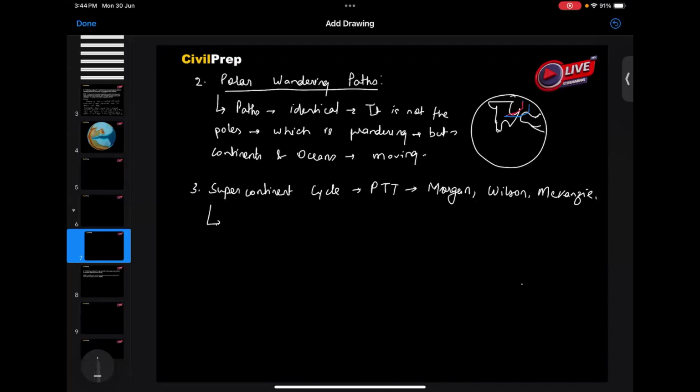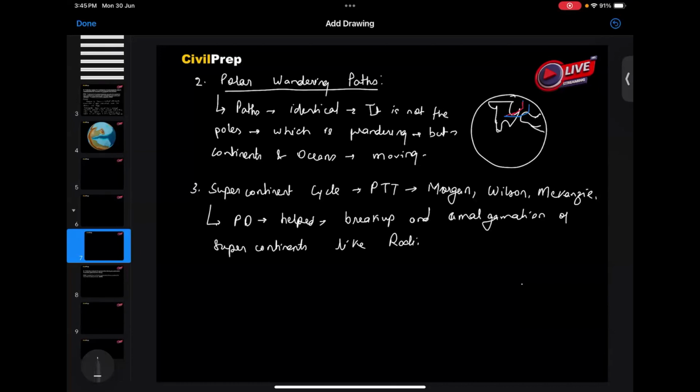So it was seen here that the paleomagnetic orientation data helped the breakup and amalgamation of supercontinents like Rodinia almost 550 million years ago and Pangaea almost around 250 million years ago.